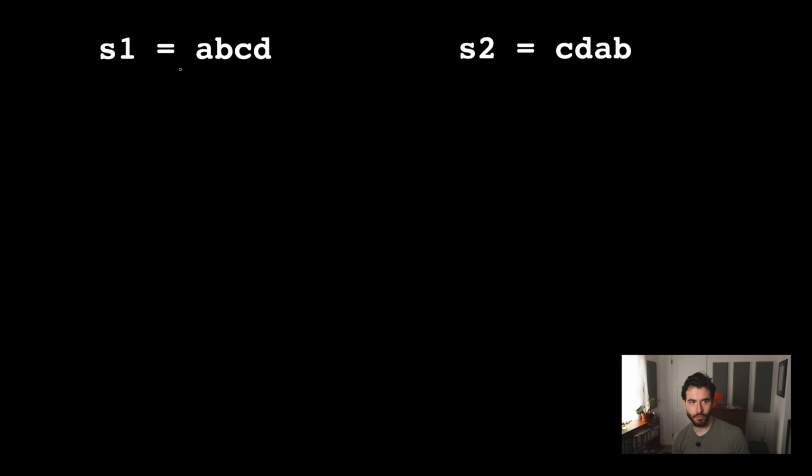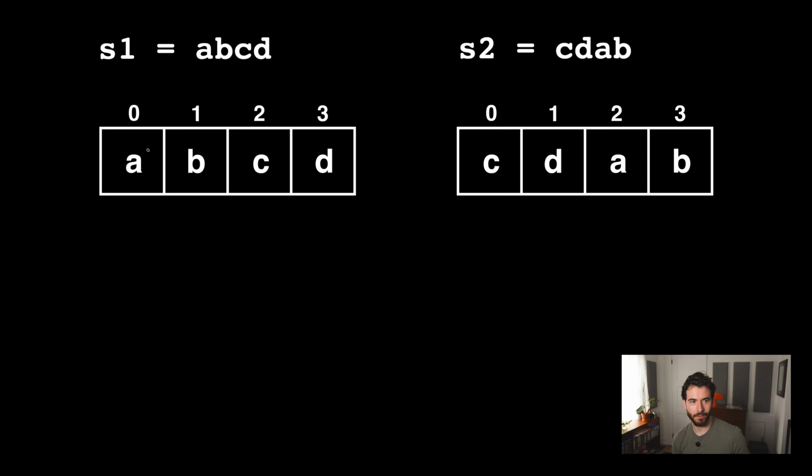So if we're given two strings, ABCD and CDAB, we can see that these two strings aren't equal to each other, but we can try performing swaps to either string to get them to equal to each other. So if we were to put the characters of each string into a zero-indexed array, what are all the possible swaps we can make? Well, again, the problem wants us to find two indices, i and j, where j minus i equals 2.